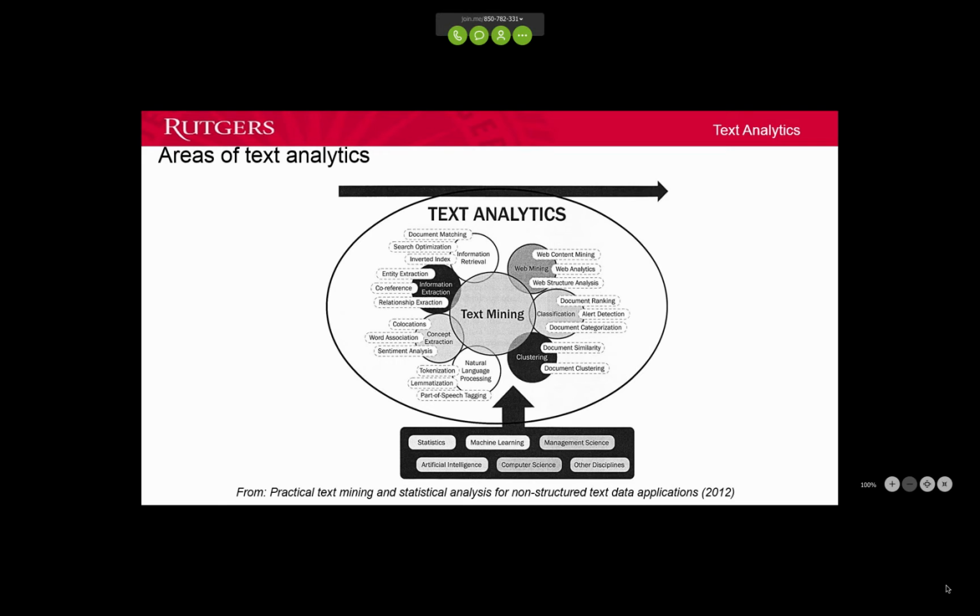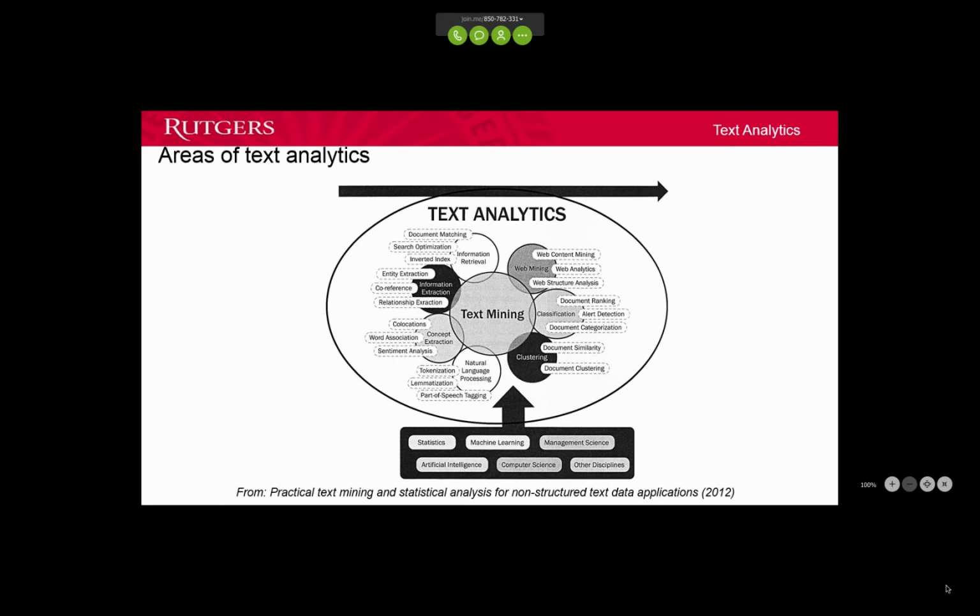So there's this idea of structured versus unstructured data. Unstructured data refers to information that either does not have a predefined data model or is not organized in a predefined manner, okay? So it's not put into tables with predefined columns that have meaning. This results in irregularities and ambiguities that make it difficult to understand using traditional computer programs.